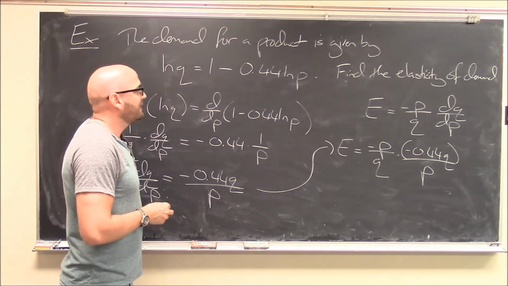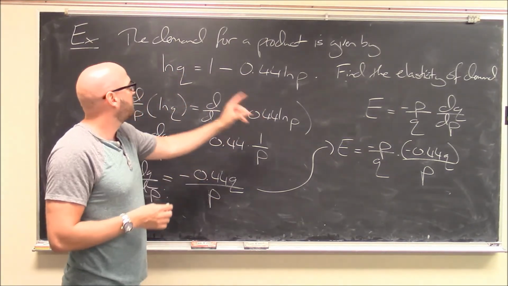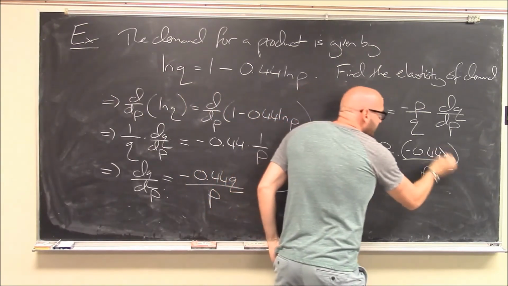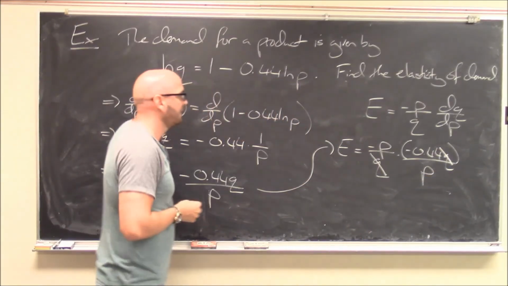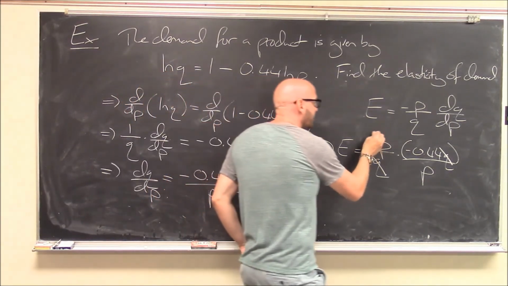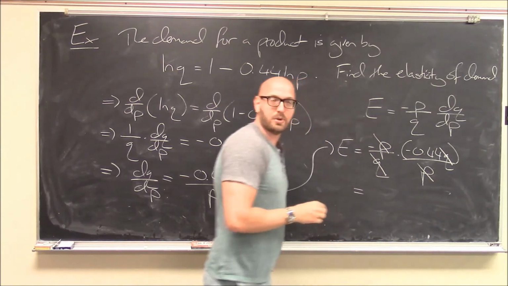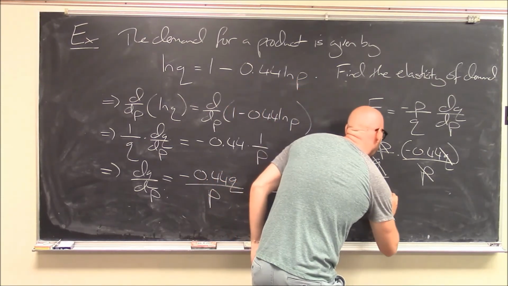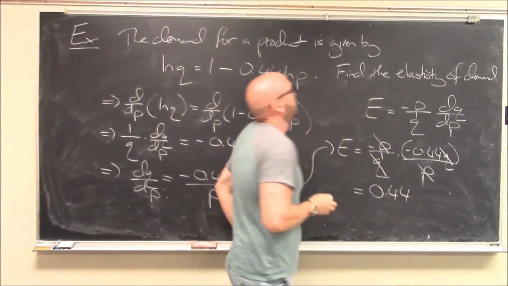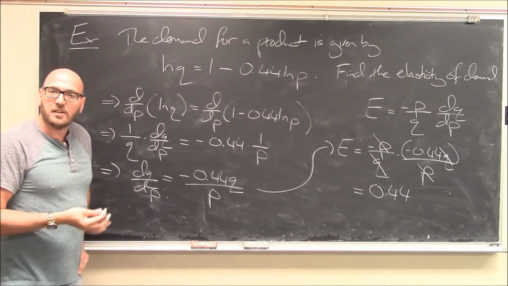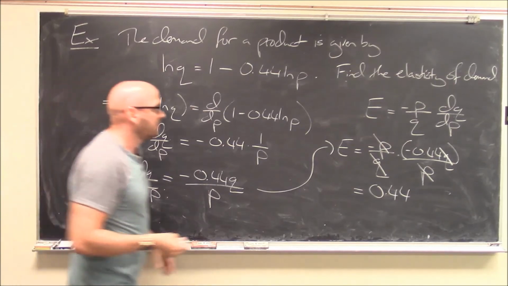And the reason I said we actually, in this case, don't need to solve for q explicitly is because I knew this was going to happen. Those q's cancel out. Actually, so do these p's. So my elasticity is constant. It doesn't depend on the price at all. It is always 0.44. Is that elastic or inelastic? Well, it's less than 1, so this is inelastic.